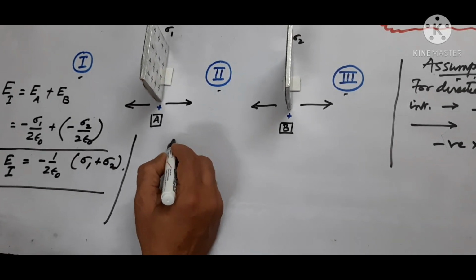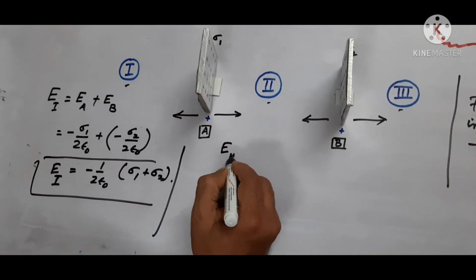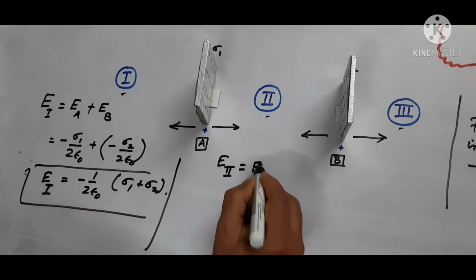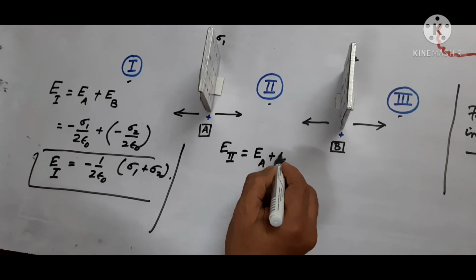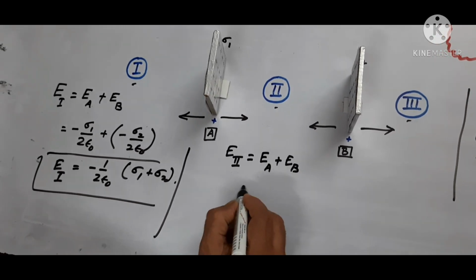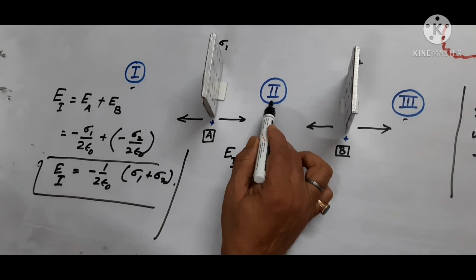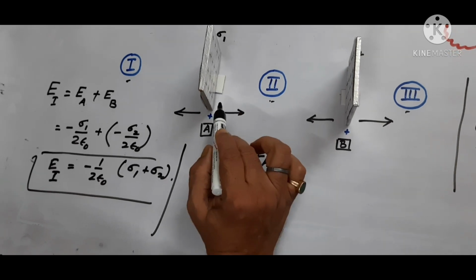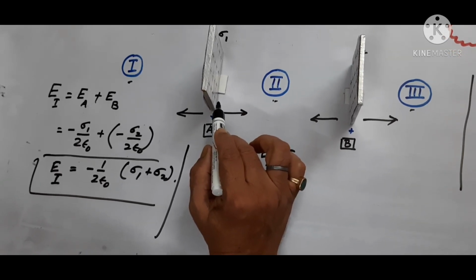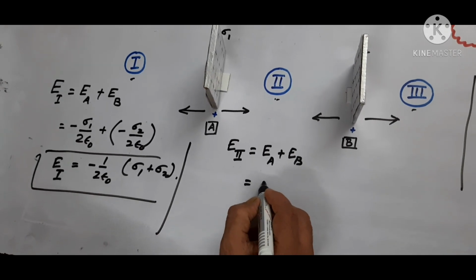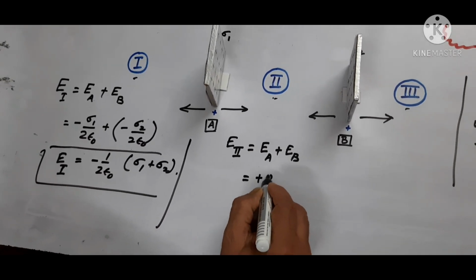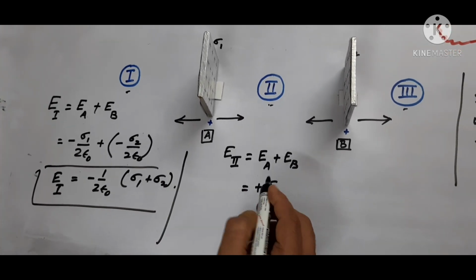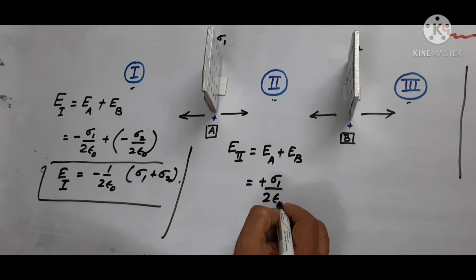Then comes region 2. The net field at region 2 is EA plus EB. For any point in region 2, we have to move along the positive x direction from the first charge sheet, that is your positive sigma 1, the surface charge density, so it is sigma 1 by 2 epsilon naught.